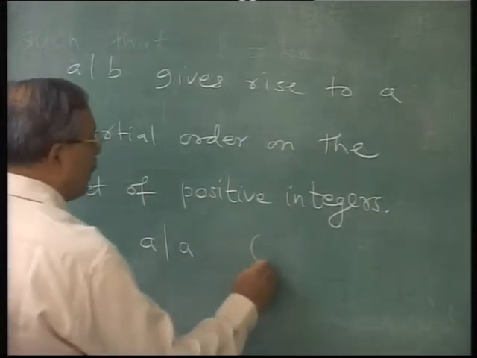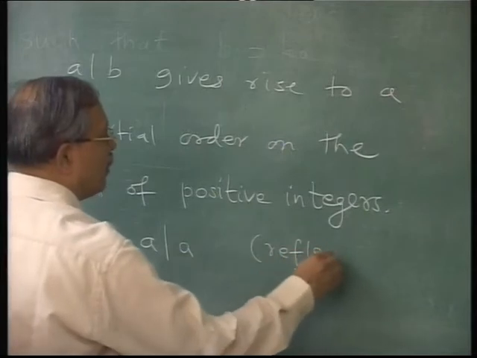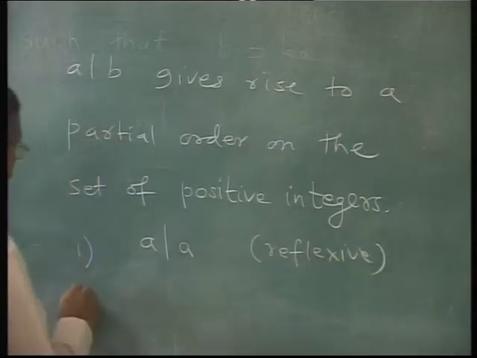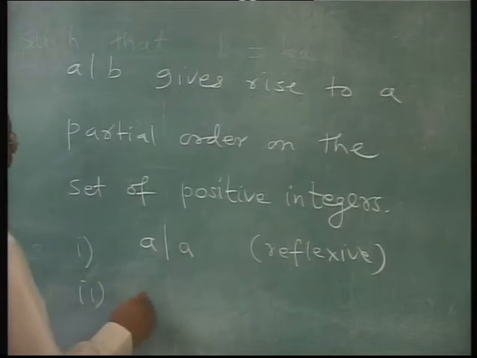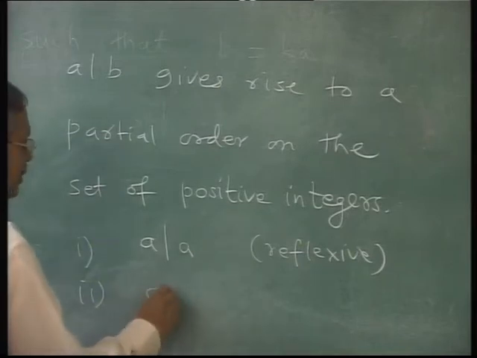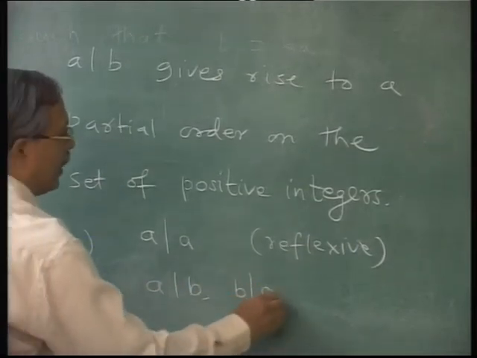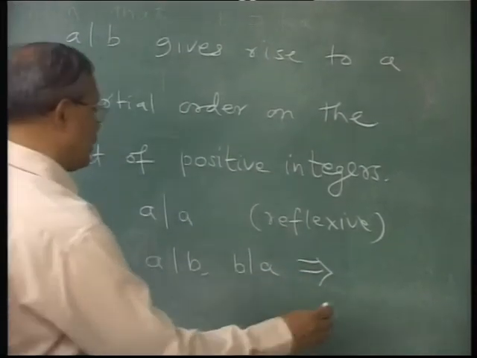That is the reflexive property. Then we have antisymmetric, that is a divides b, b divides a implies a equal to b.